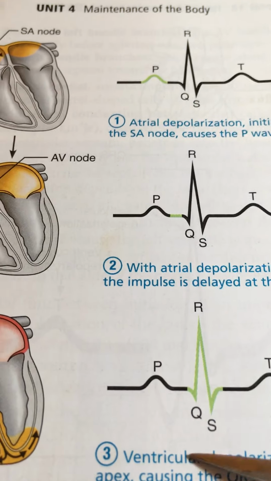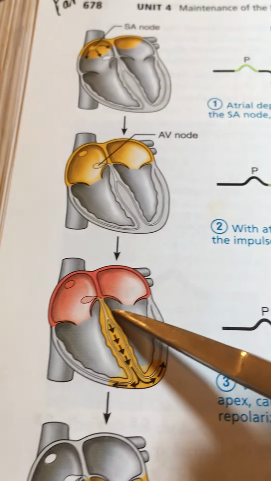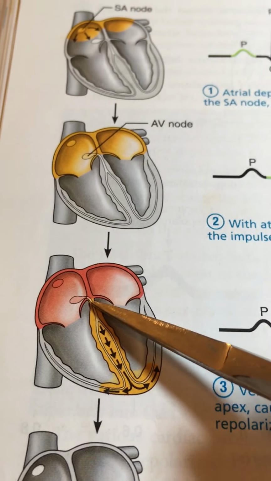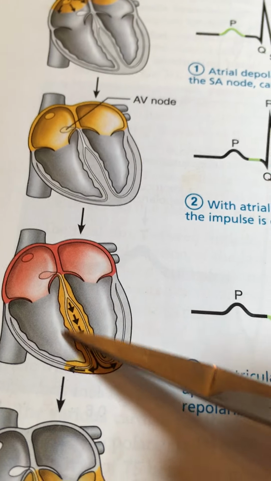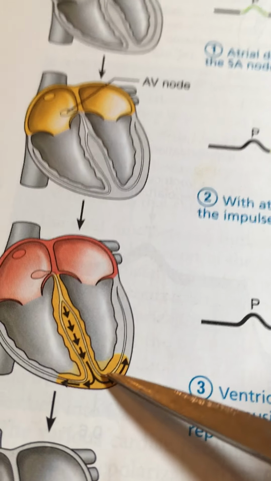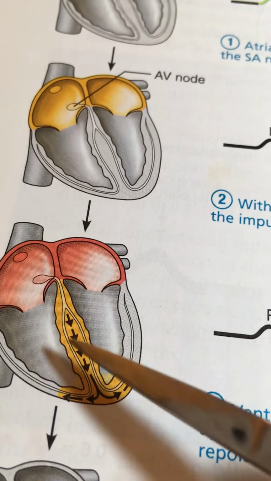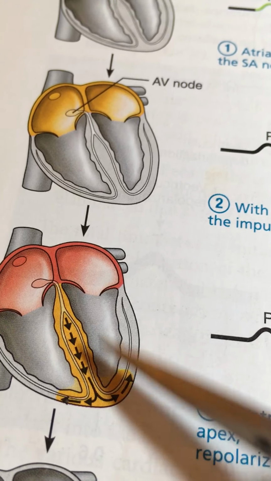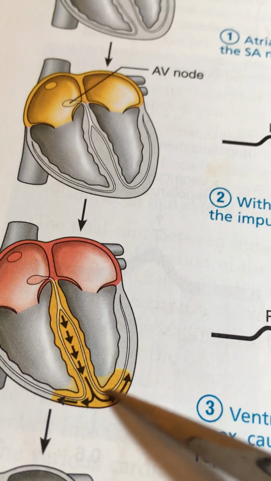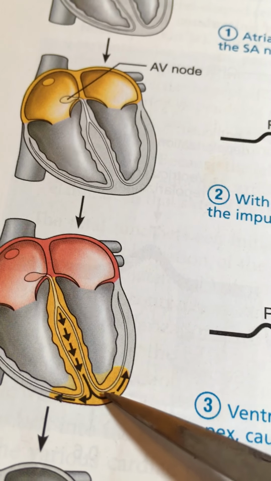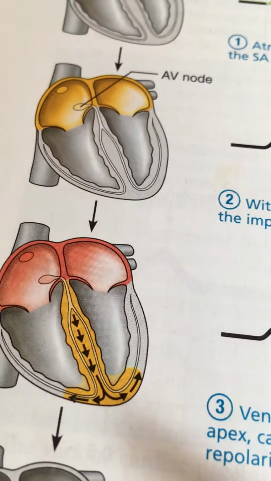Then we move on to the QRS wave. The QRS event is going to be the depolarization coming from the AV node, and you'll notice that we have the assistance now of the bundle of His, or these fibers coming down here from the AV node, and we're electrifying or depolarizing the bottom of the heart first.